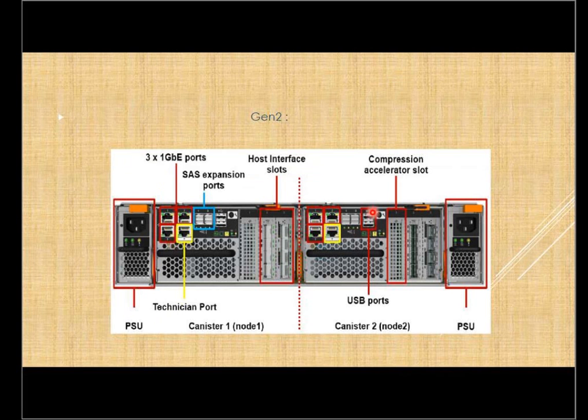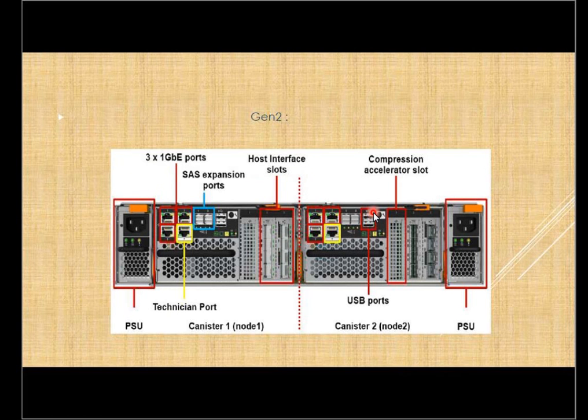Okay. To address this, it's not like we will be using technician port for firmware. Normal management port is also used for the firmware upgrade. It's not like we need to use the technician port to address that. So configuring the nodes, it means both the nodes as a canister.